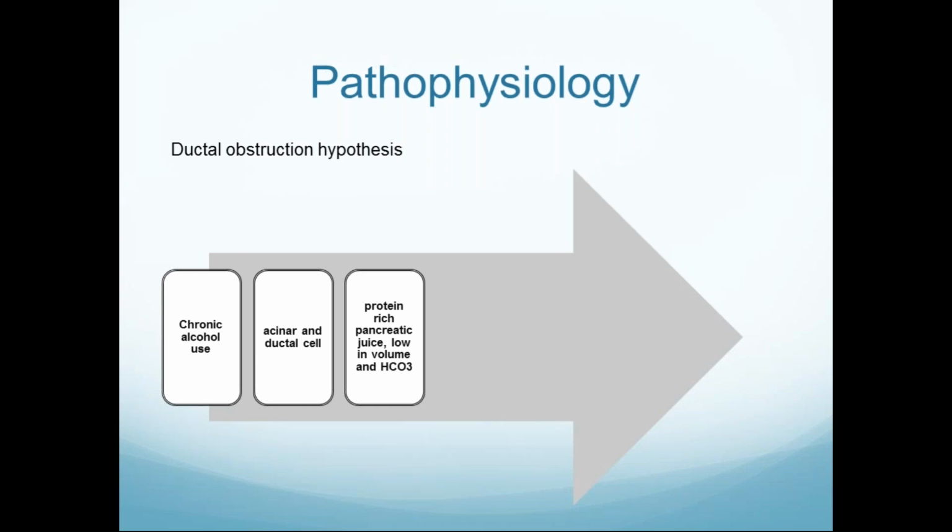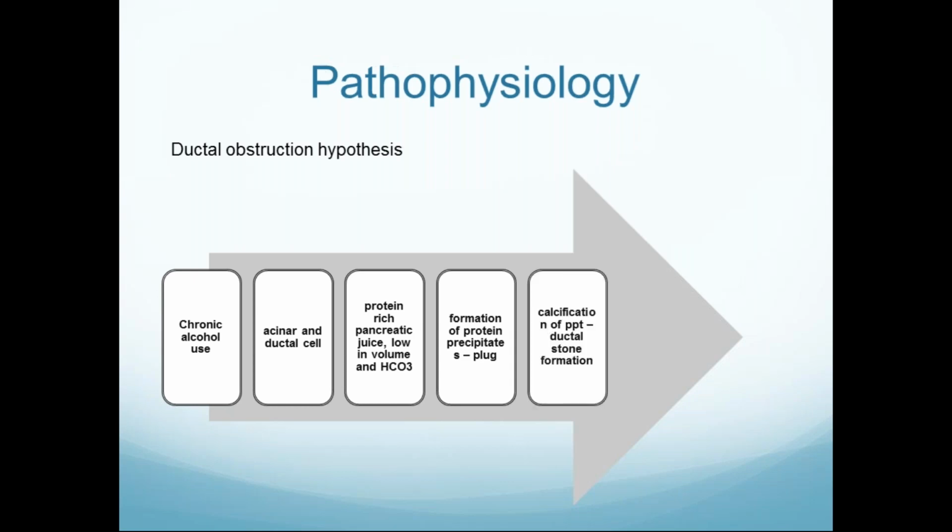They cause the destruction of these ductal cells and SNR cells, causing release of enzymes that cause destruction of the pancreas. And there will be protein-rich pancreatic juice, which is low in volume and bicarbonate. And these juices cause the formation of protein precipitates, which we call plugs.